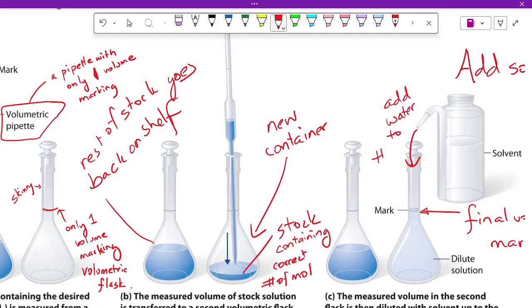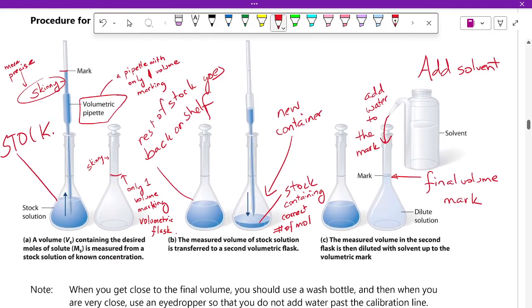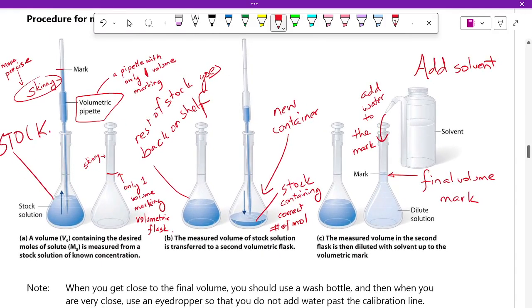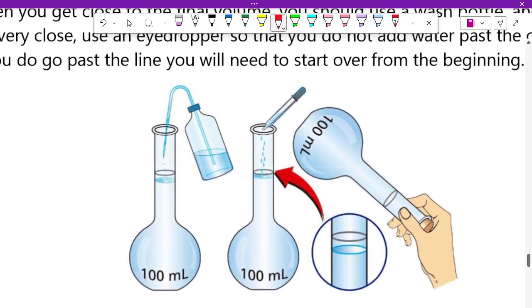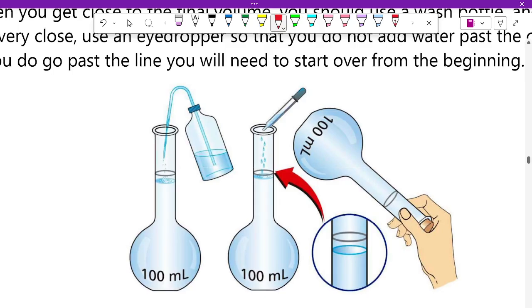Add water to the mark. When you get really close to that mark, you should not pour with a beaker anymore. Once you get to about here, you should use the wash bottle. And then when you get really close, you should use what's that called?